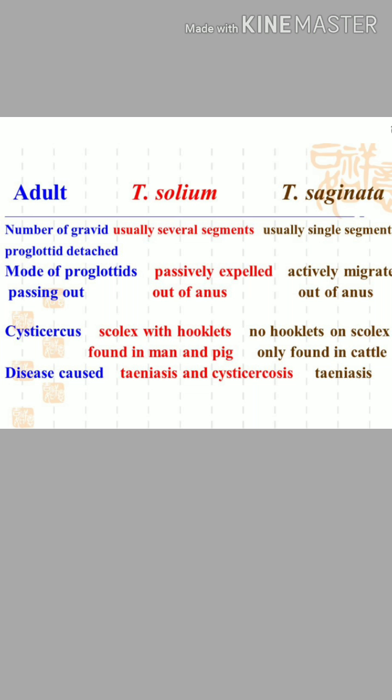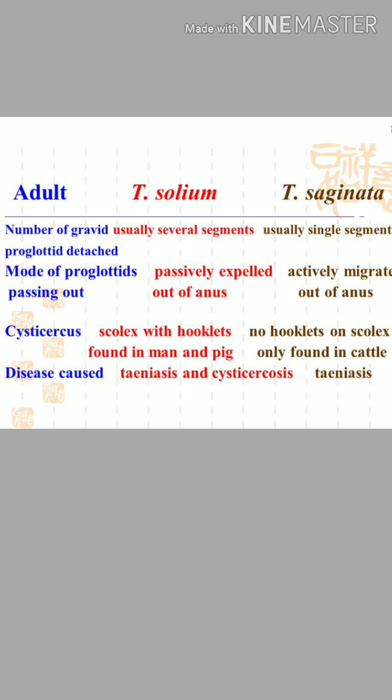And this single proglottid is usually expelled actively from the anus. The infected person can even notice the proglottid of Taenia saginata coming out through the anus actively and forcefully. But in the case of Taenia solium, this is usually expelled passively, and usually they are in a group.